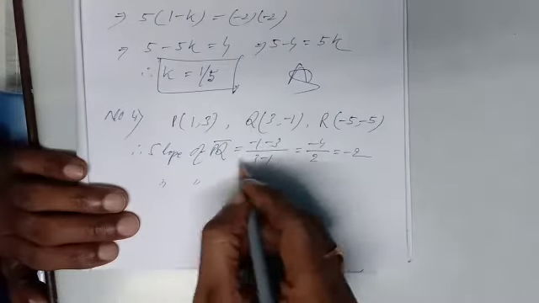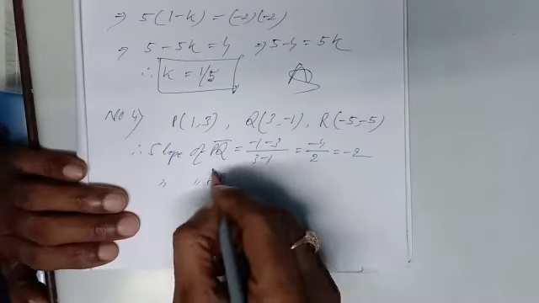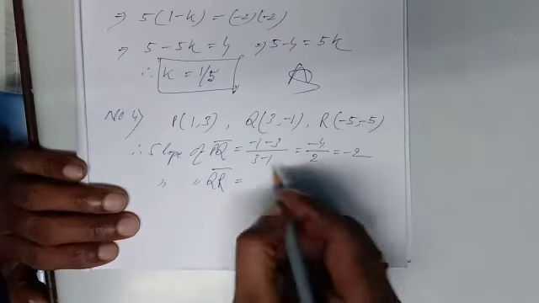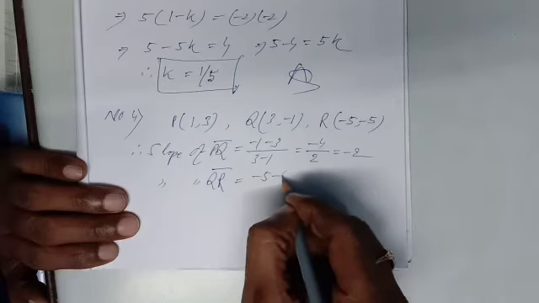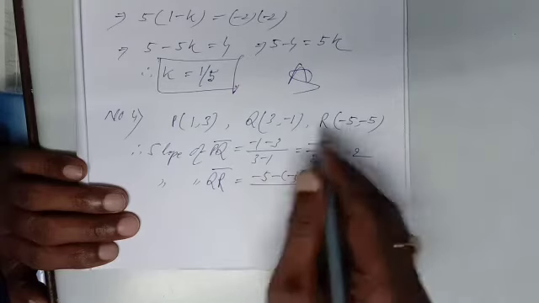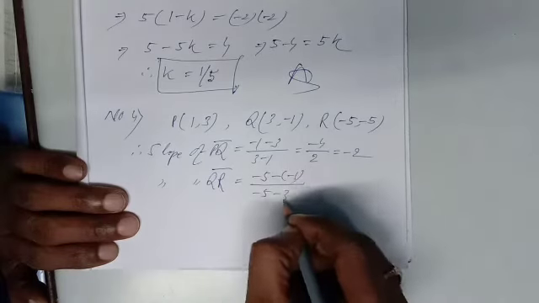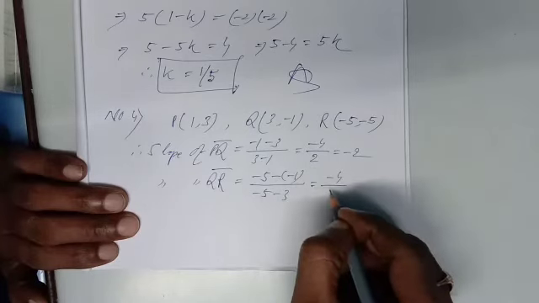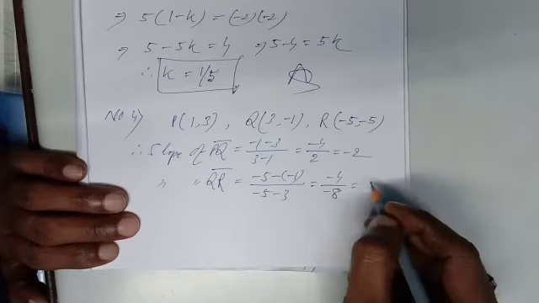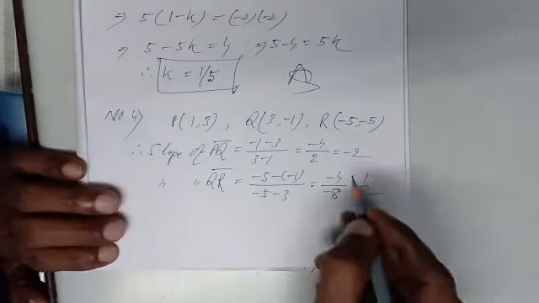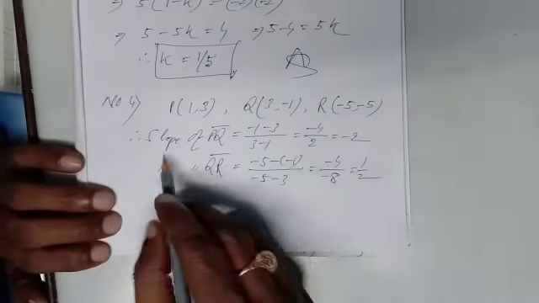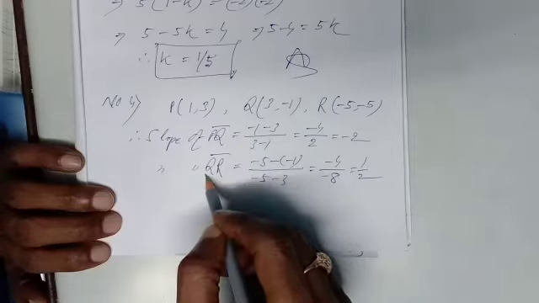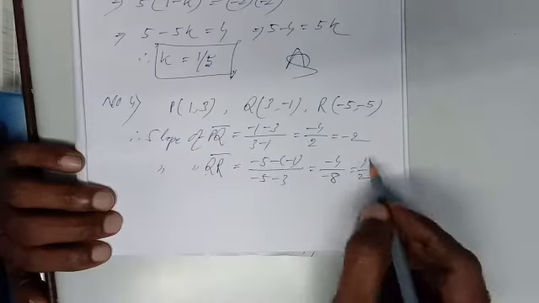And slope of QR will be (-5 - (-1)) by (-5 - 3). That is (-5 + 1), which is -4 by -8, which is equal to 1 by 2. Okay. Now see, slope of PQ and slope of QR will give you -1.